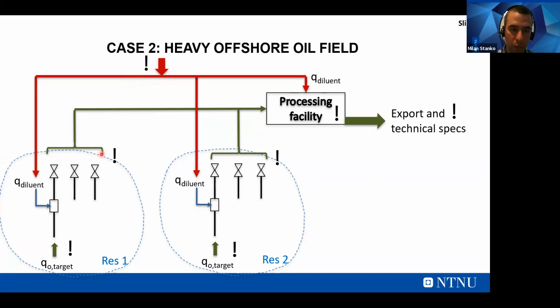And the wellhead pressure had to be above a certain number. For the processing facility, you had the processing capacity of oil, gas, and water. And if you have the formation of emulsion, then it will be much more difficult to separate, so there were some constraints on the viscosity. And also on the export, you had some additional constraints.